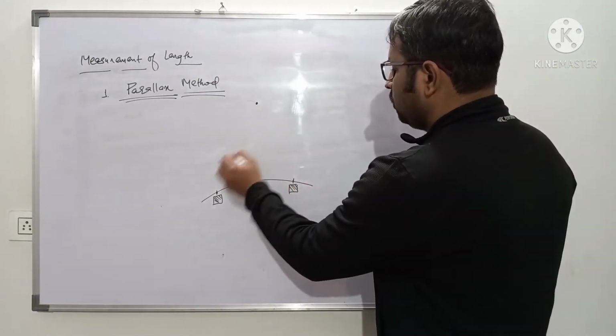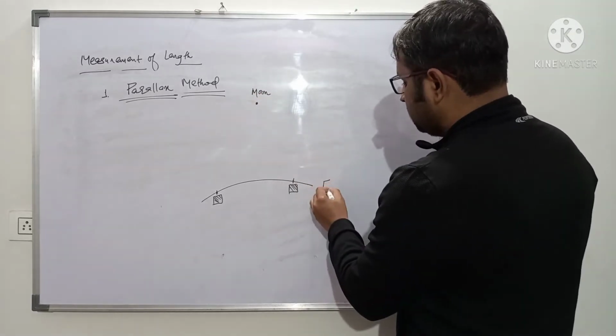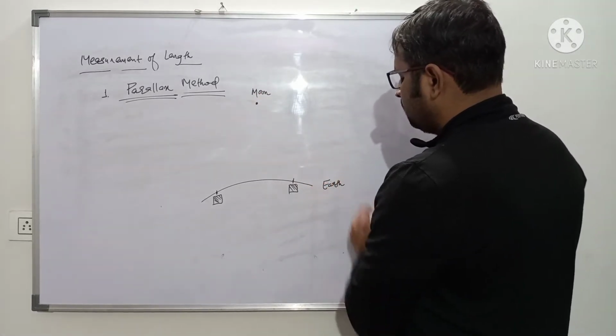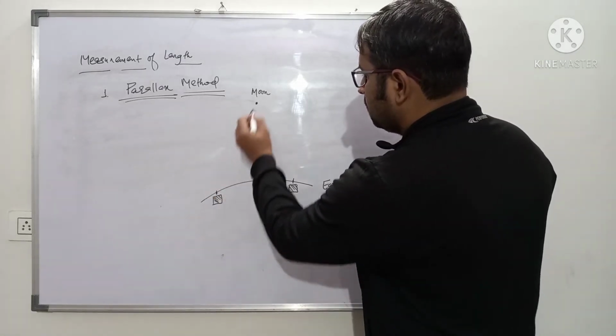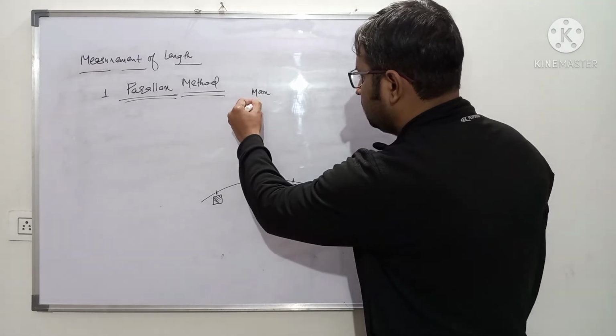When you observe this moon from this observatory, you have this line of sight.